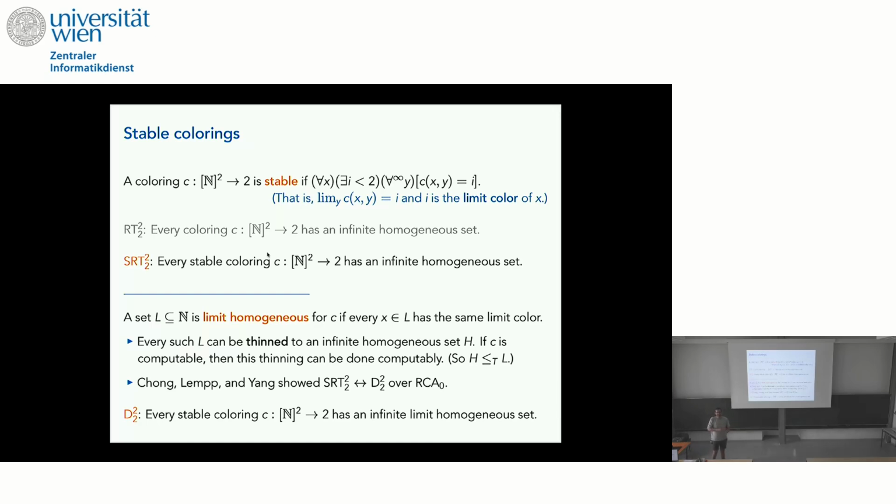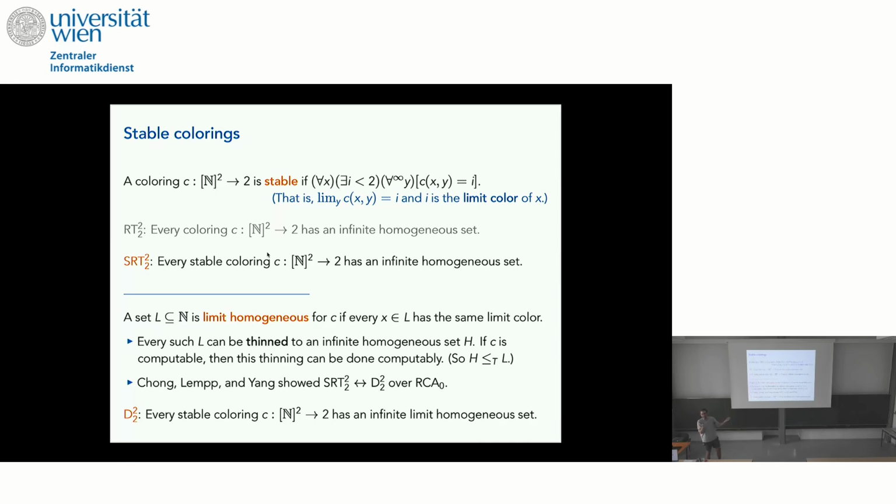Suppose that instead of asking for a homogeneous set, I just wanted an infinite set of elements that have the same limit color. It's not necessarily homogeneous, right? If I have an infinite homogeneous set of color red, then every element inside that makes the color red with infinitely many things, so its limit color has to be red. Does that make sense?